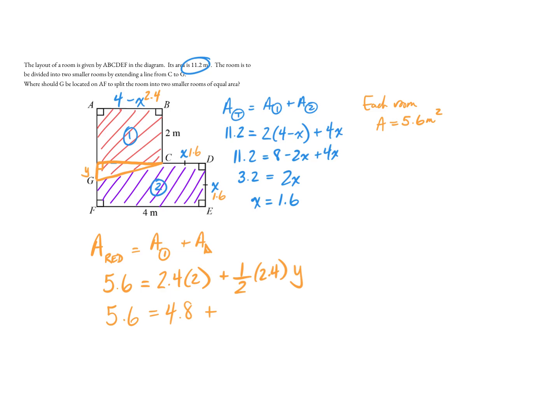When I take half of 2.4, that's 1.2. I can isolate my Y term. So 1.2Y is going to equal 0.8. And now, when I divide that, I could write 0.8 over 1.2, but I'm hoping that we recognize either that that's 8/12 or that we have a common factor of 0.4, and so we can reduce that whole thing down to 2/3.